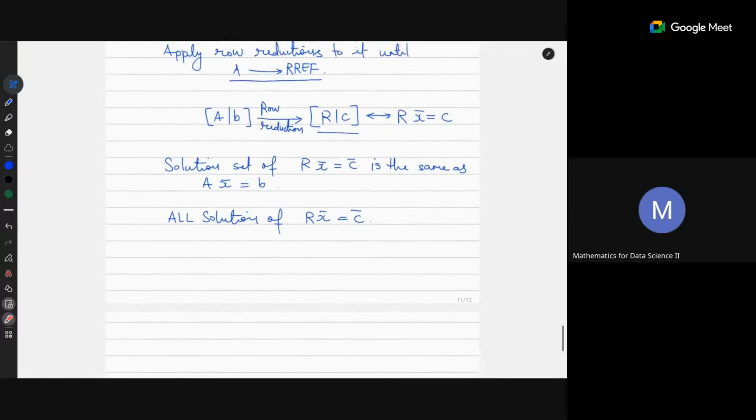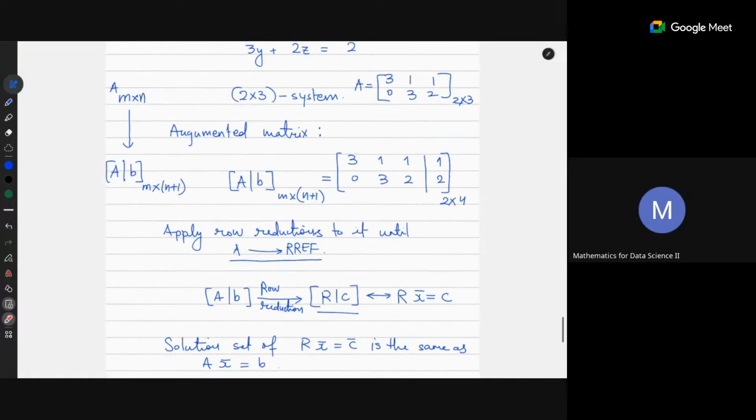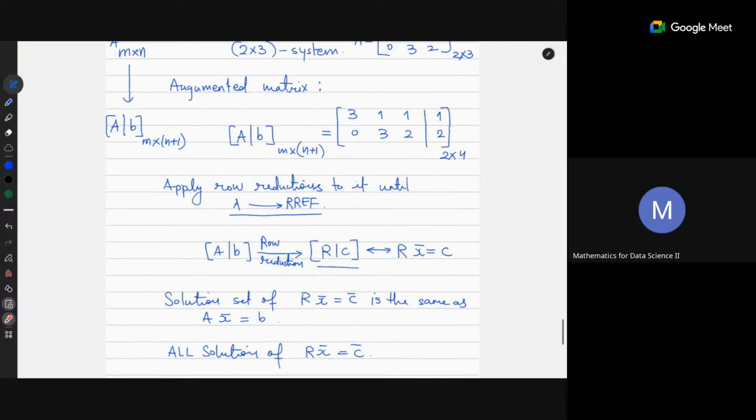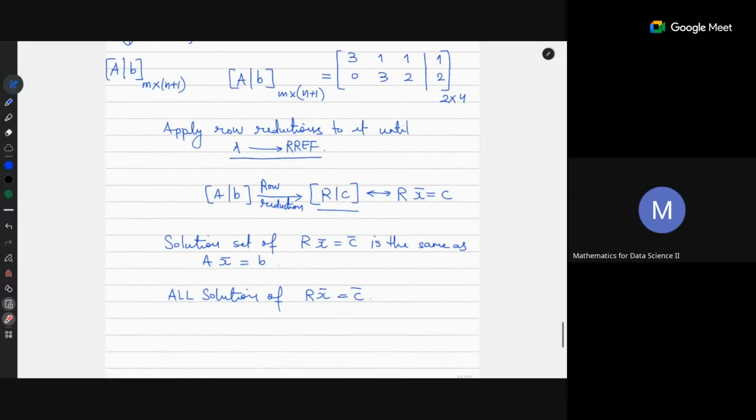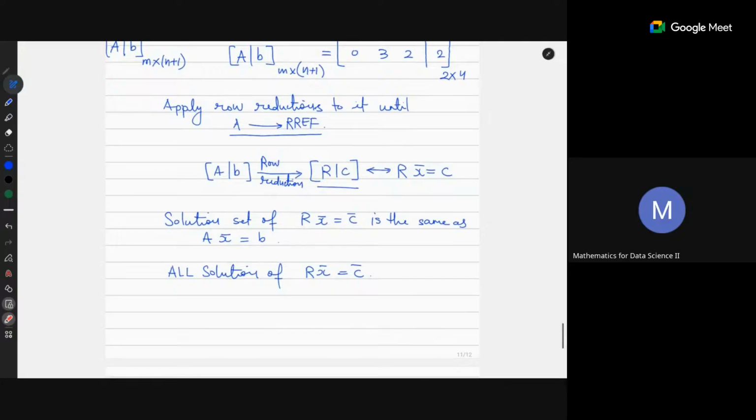I will discuss an example. Let me take this example itself, and let me write out the complete solution. Once you have reduced to this system, you can write down all the solutions of it. RREF form always has solutions.